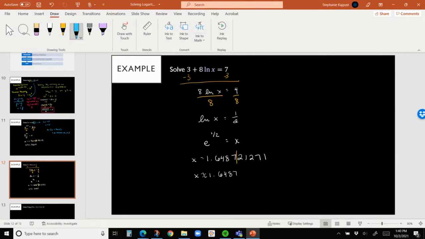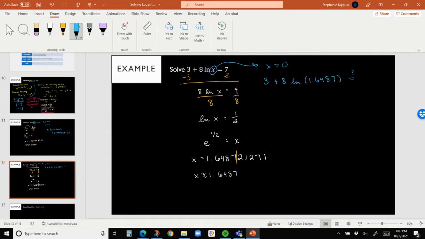So if we're going to then check our answer, we need to check it with our domain. So we just know that what's inside our natural log has to be greater than 0. So our value for x has to be greater than 0. So that's what we got. And then let's just double check that the math works out. So we have 3 plus 8 times the natural log of 1.6487.